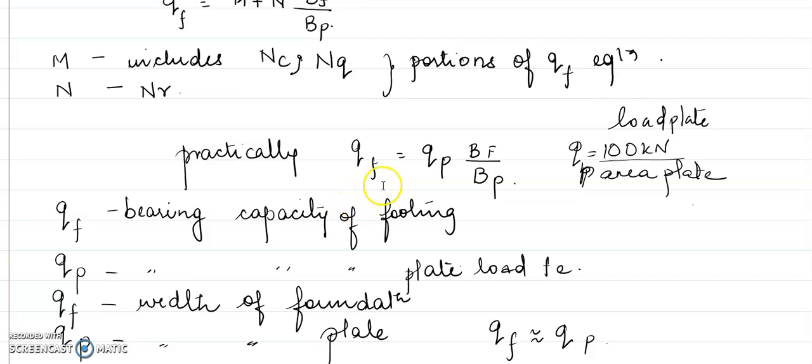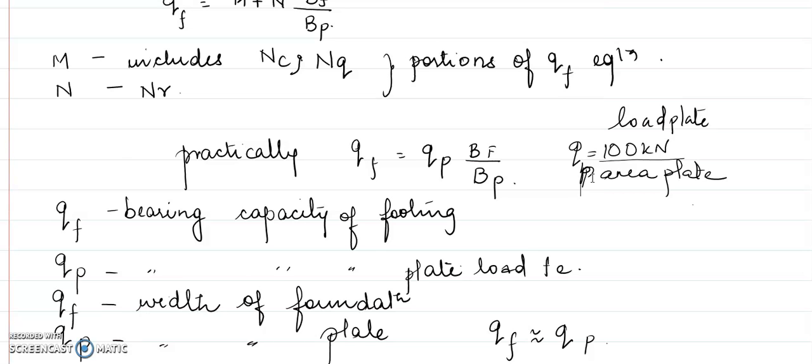So if you are getting it like this, then why do we need to do all these bearing capacity factors? Obviously this is not accurate. This is not a very accurate data. This data can be used if there is any particular term in that bearing capacity equation missing. So usually you find problems like, they will give you this load and area of the plate. They will ask you to get the value of qf, and then the question will be, what should be the dimensions of the foundation?